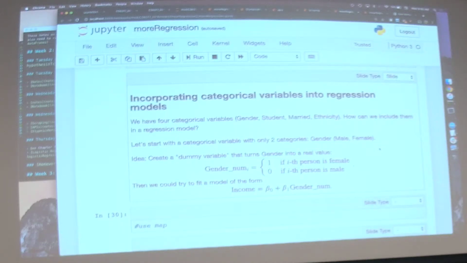The categorical variables, if we want to use them in the regression, have to be numeric, right? So we'll convert those into numeric variables. We can use map again.